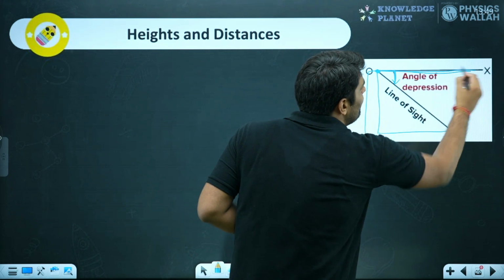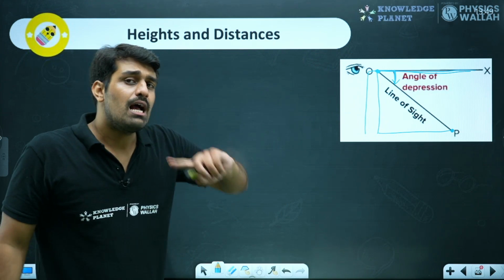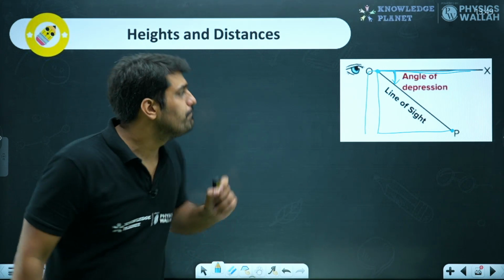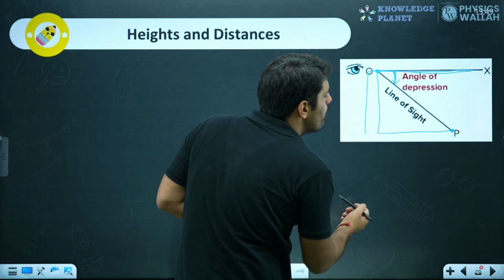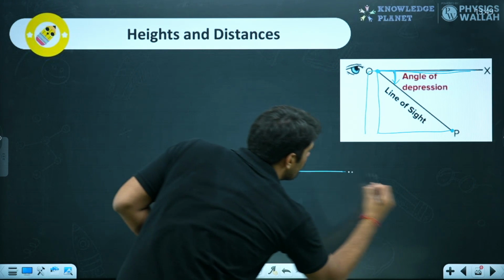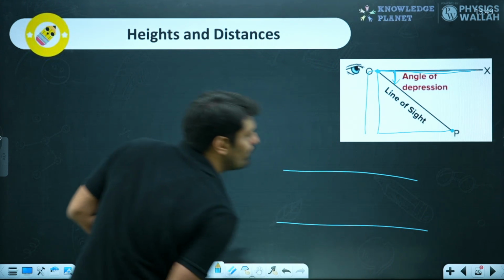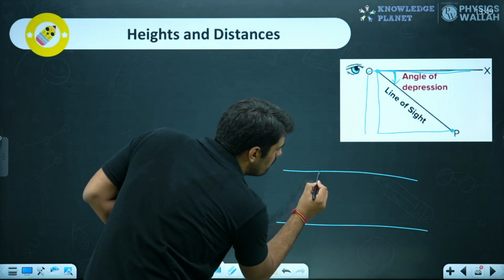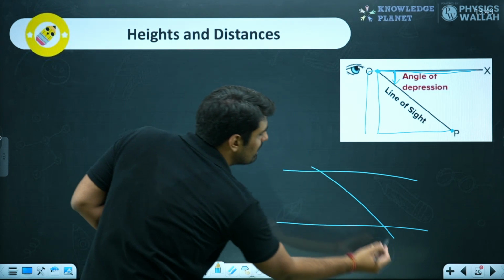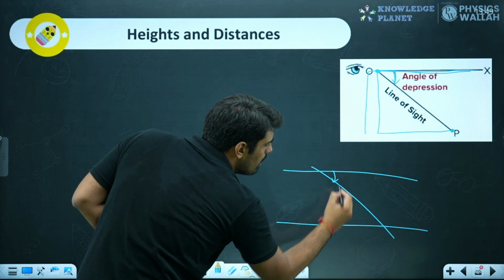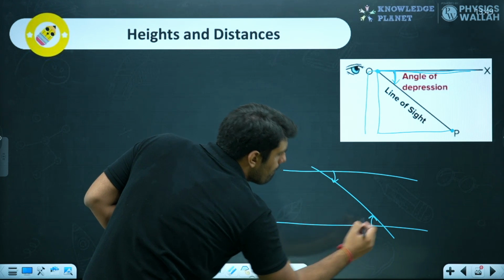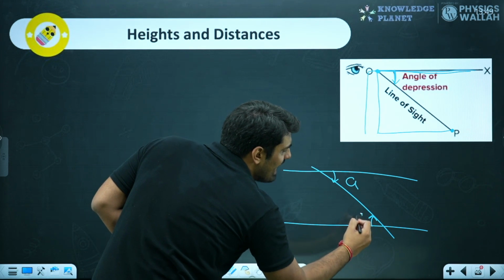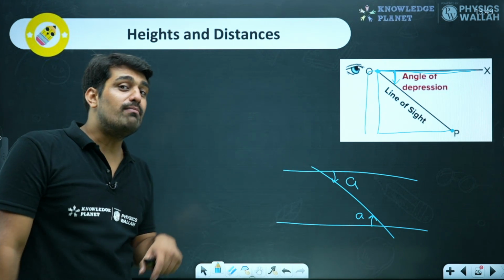Another important thing over here. Now, if this is the angle of depression, I hope you guys know the parallel lines. These are the parallel lines, right? Over here, this is our line of sight. If this angle is known to me, what do you think would be this angle? If this angle is A, don't you think this angle would also be A? Do you remember any property?